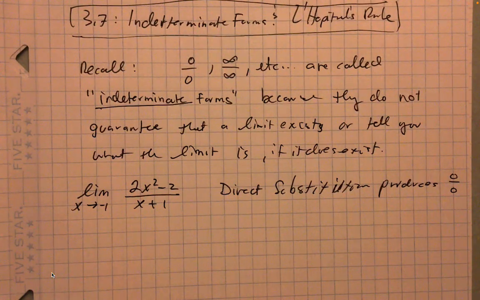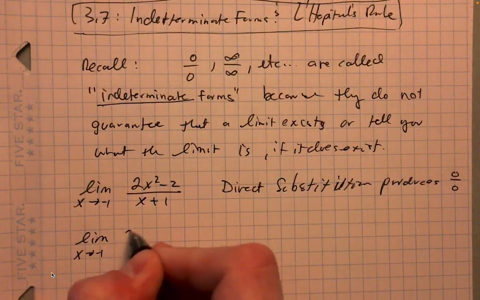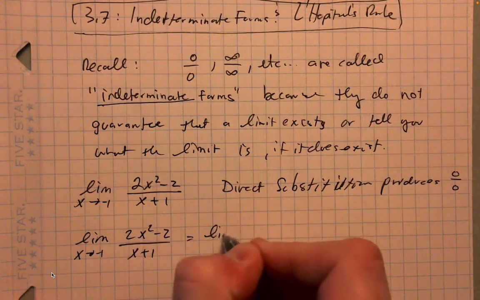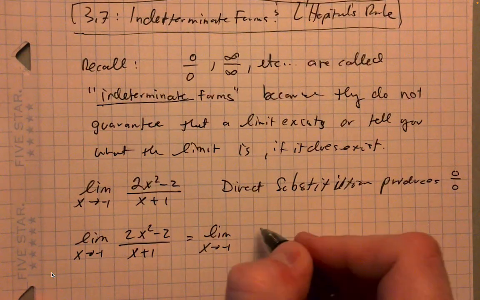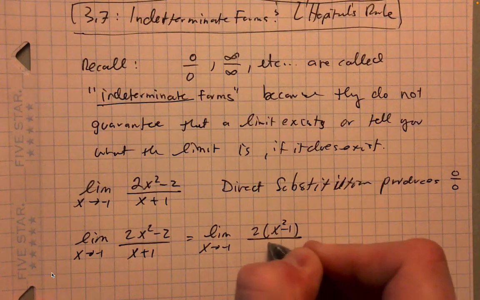Right? But when we encountered this in Calculus 1, when we were learning limits initially, we would employ algebraic tricks and algebraic maneuvers to still allow us to identify the limit, even though the function may be undefined at the limit point itself. So for example, with this one, we can rewrite this with a little bit of factoring and cleanup work. As x approaches -1, you can write this as 2 times x squared minus 1 over x plus 1.